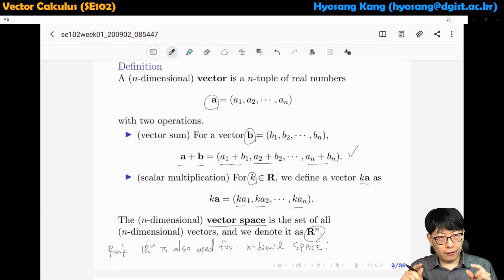There's a big difference between vector space and just the space. A vector space is a collection of vectors, and these vectors require vector sum and scalar multiplication operations.